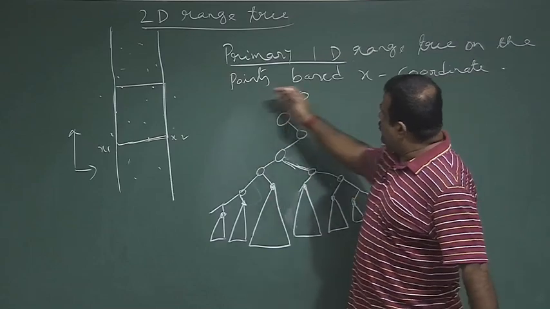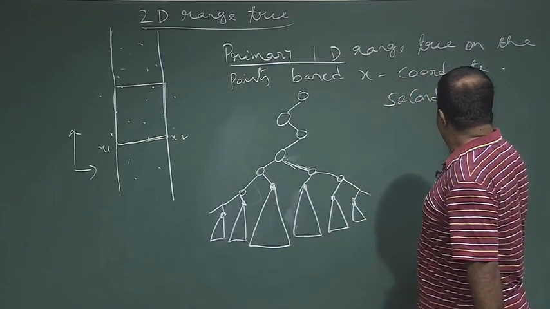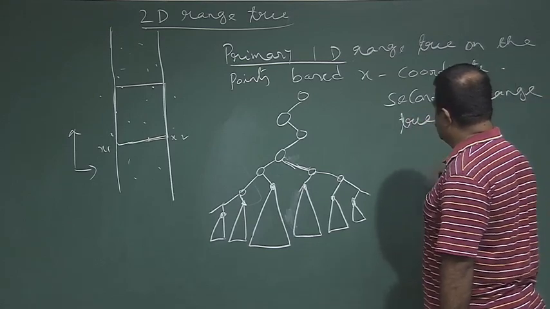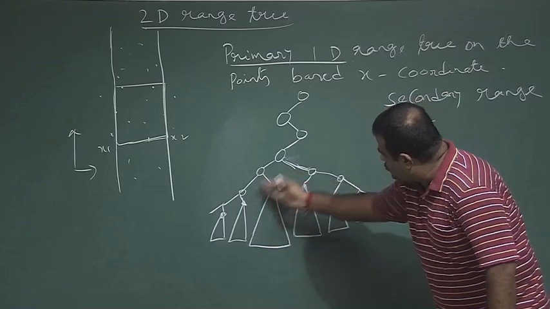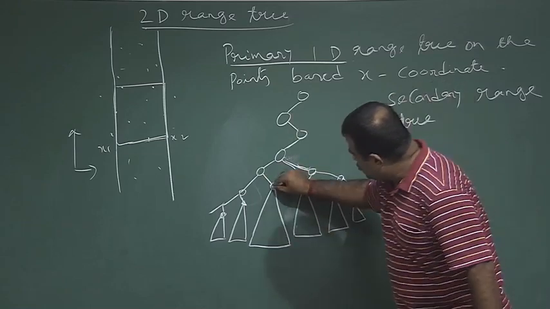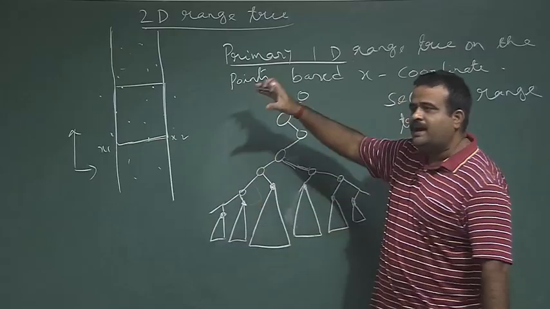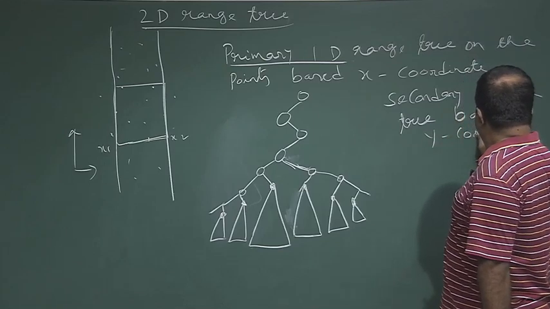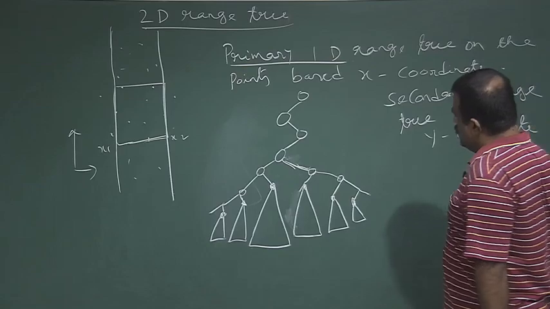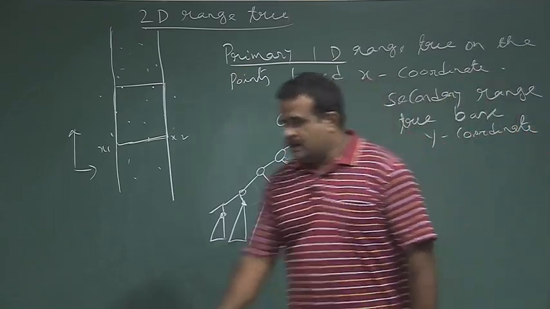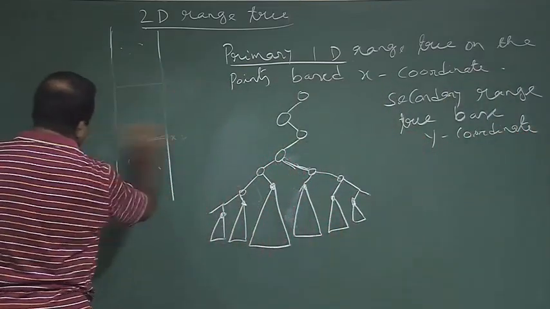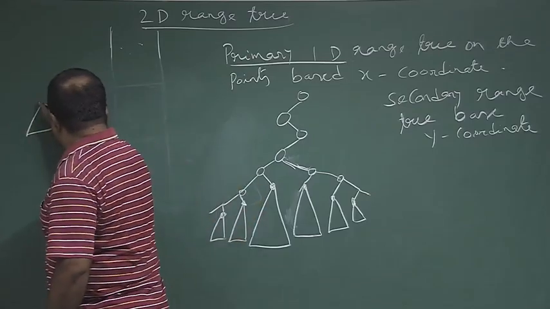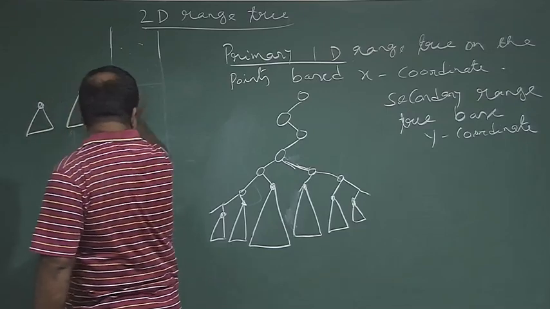Now, we have a secondary range tree which is made by taking all the points from the primary range tree. For this point we take all the points over here and we make a secondary range tree based on the y coordinate. So, this is pointing to a similar tree of similar size.